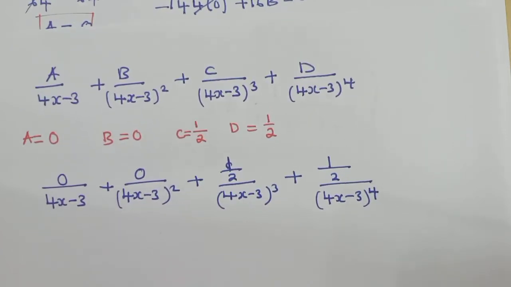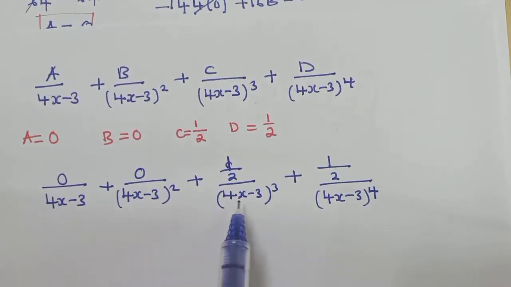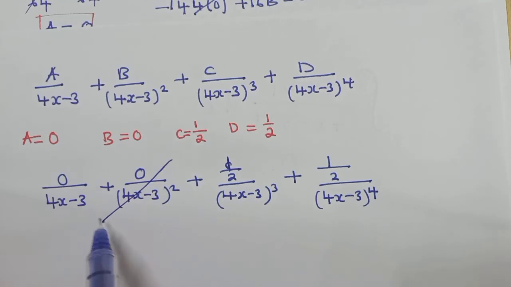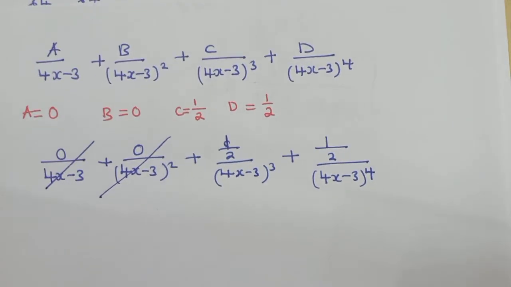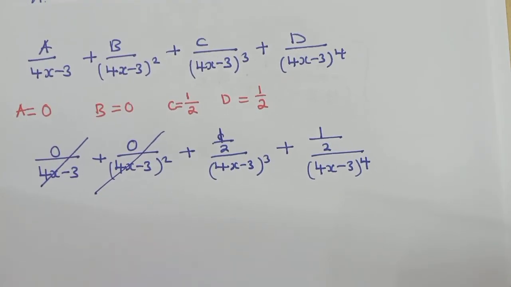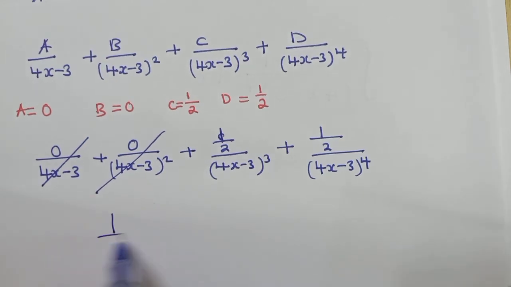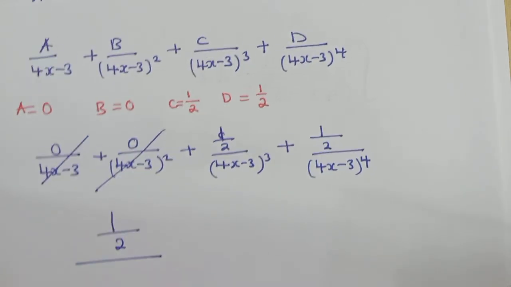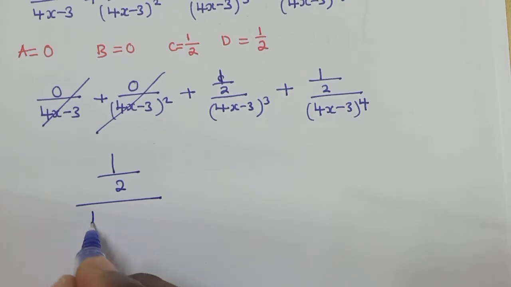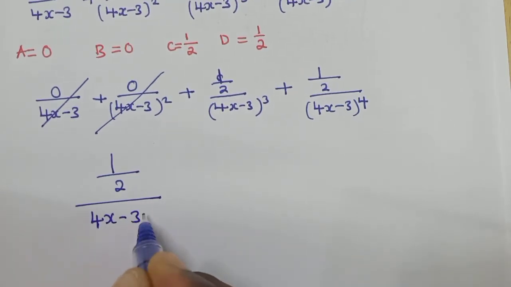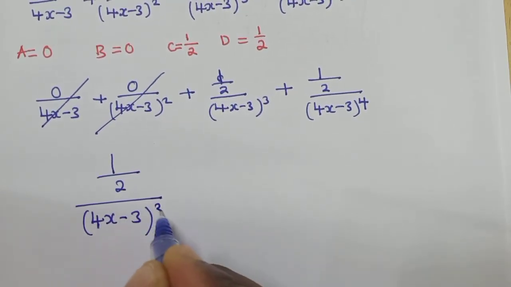Okay. So our area of interest now will just be on these two. This and this are gone, okay? So now we shall say 1 over 2 over (4x minus 3) power 3.